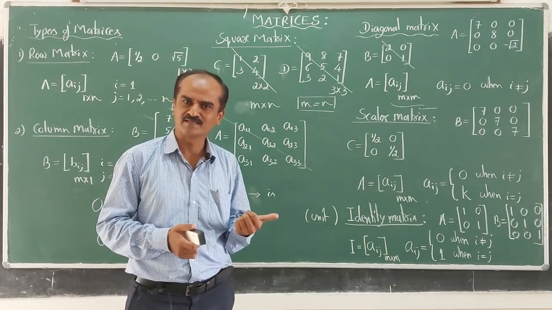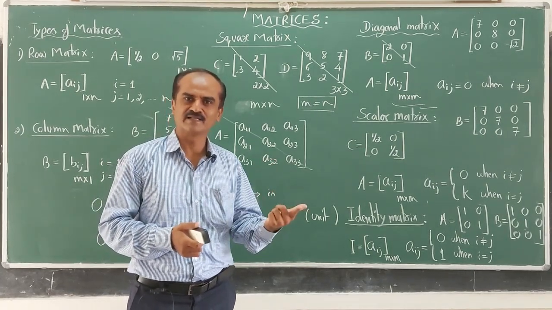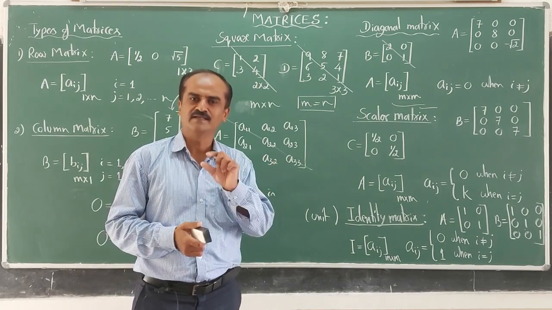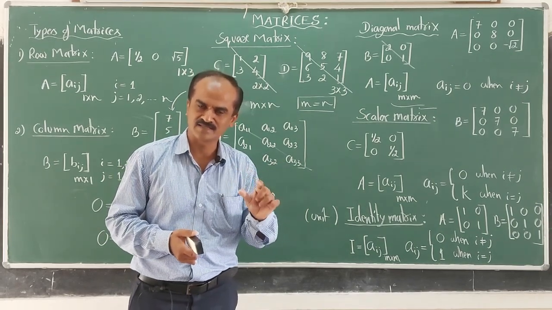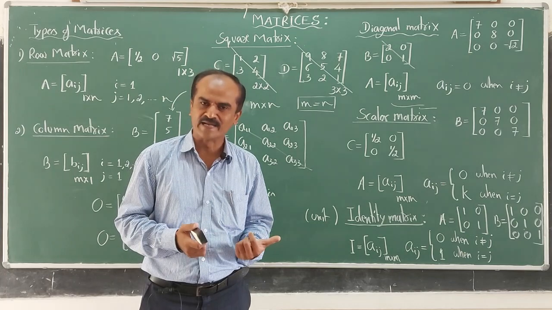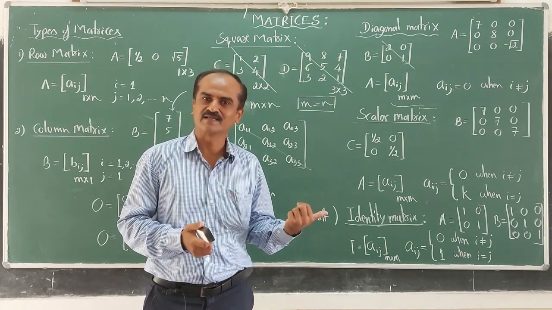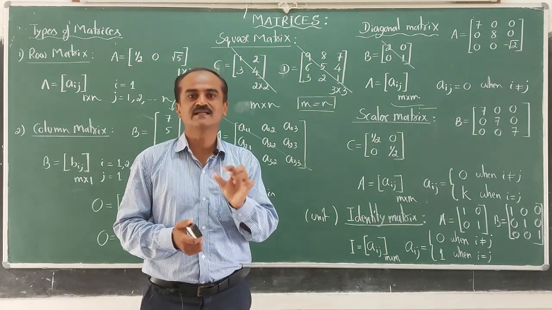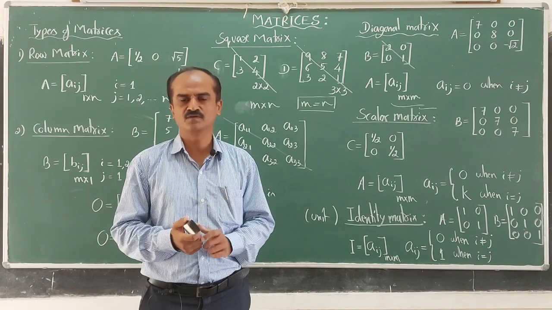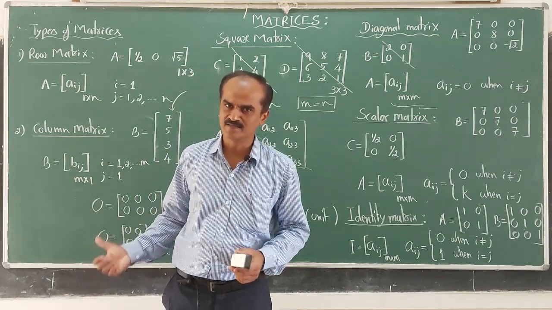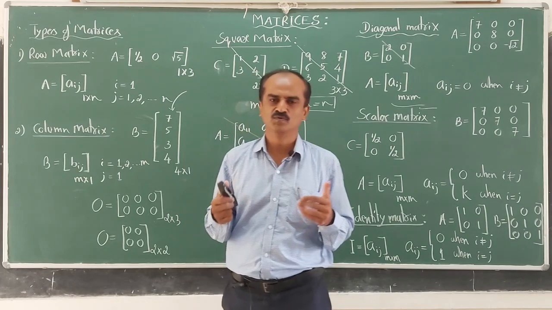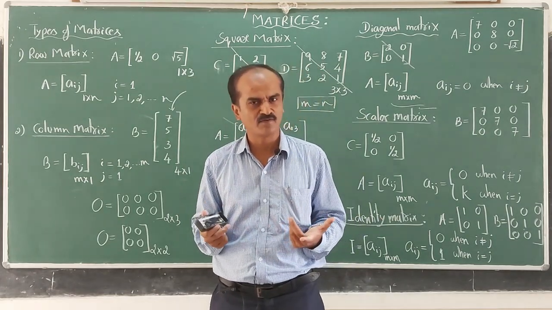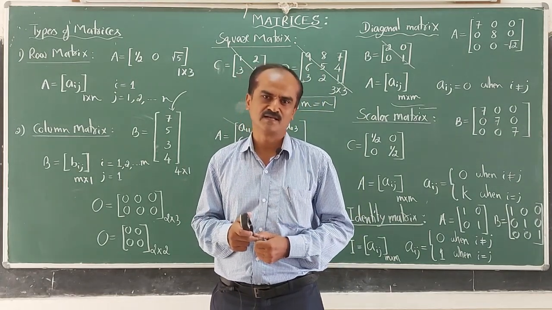Scalar matrix is a diagonal matrix in which each diagonal element's value is the same. Identity matrix, it is a scalar matrix in which each diagonal element's value must be equal to 1. Finally, zero matrix, a matrix whose each entry is zero irrespective of order is called a null matrix.